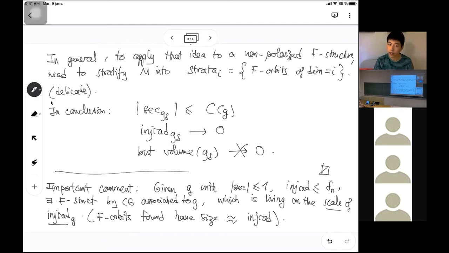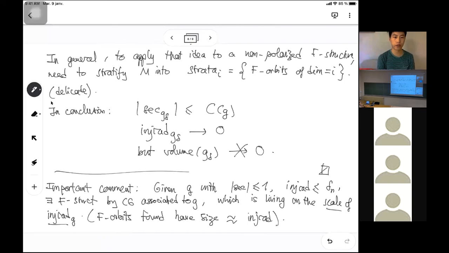They kind of characterize collapsed manifolds, but they're not enough to have a really good understanding of collapsing manifolds, because F structures, again, are only seeing something that lives on the scale of the injectivity radius. But when you have a very collapsed metric with bounded sectional curvature, it happens in general that you have many different scales that are collapsing at different rates.